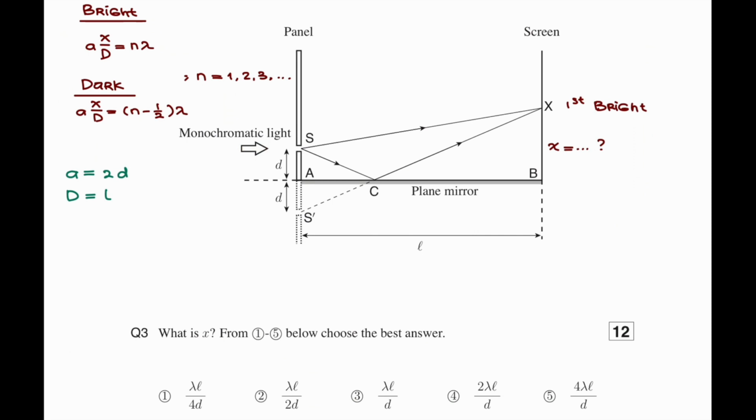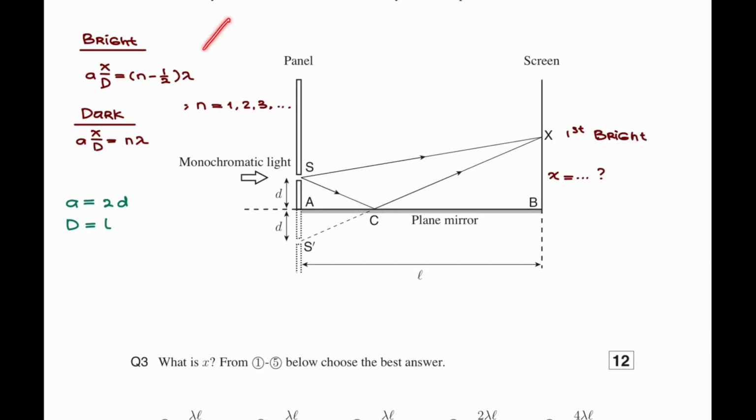Instead of N lambda for bright, we use N minus half lambda, and for dark, we use N lambda. You have to remember, we use Young's double slit as is if our sources are in phase. Since our sources in this question are out of phase, just flip it.